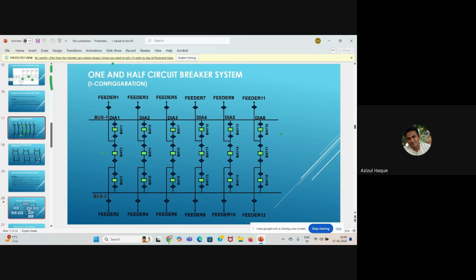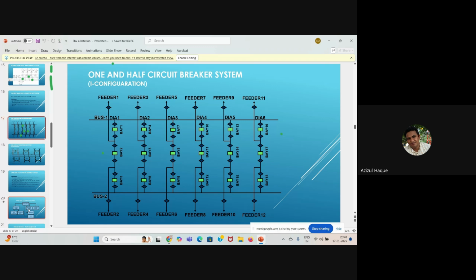Suppose I have this dia 1, bay 1, feeder 1 is charged through bus 1 and feeder 2 is charged through bus 2. My tie bay breaker is in open condition. So now these two feeders are being fed from these two different buses independently.